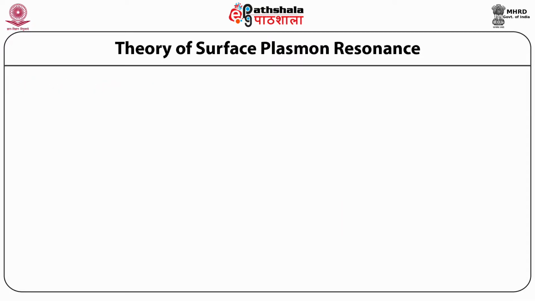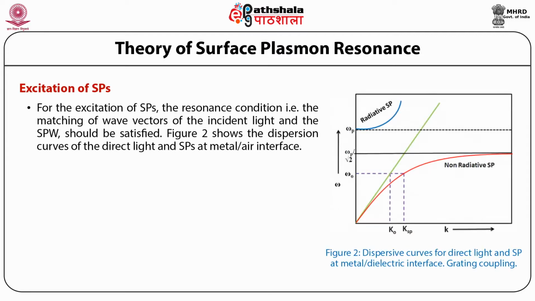Let us now discuss the excitation of surface plasmons. For the excitation of surface plasmons, the resonance condition, that is the matching of wave vectors of the incident light and the surface plasmon wave (SPW), should be satisfied.